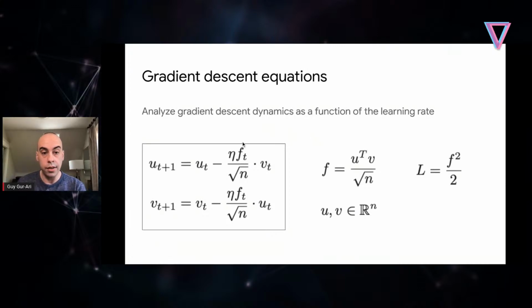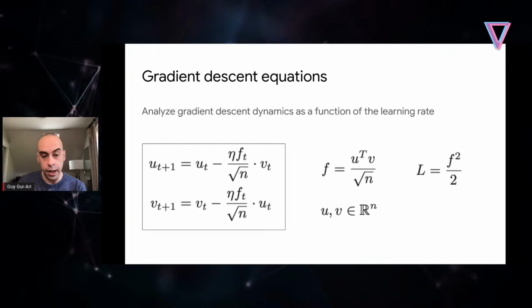So here are the gradient descent equations in their full form. We're updating the U and V weights. There are 2n equations here, and even though the model is very simple and the loss is very simple, these are complicated equations. We don't know how to solve them in full, of course. These are coupled nonlinear equations, and so we have to use some tricks to make progress and understand what's going on in the training dynamics of this network.